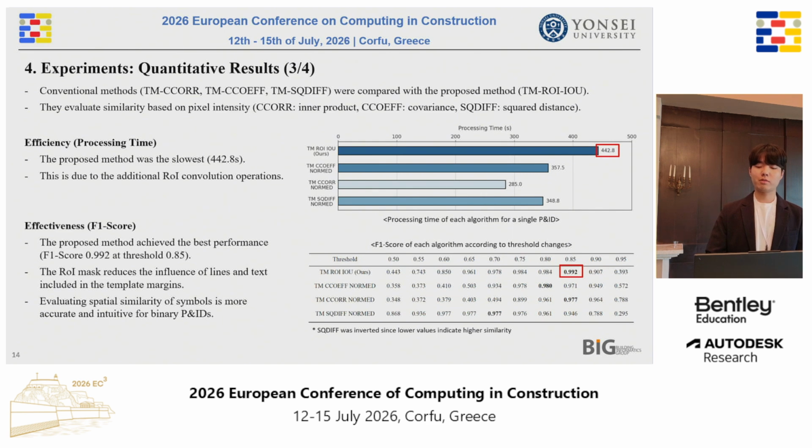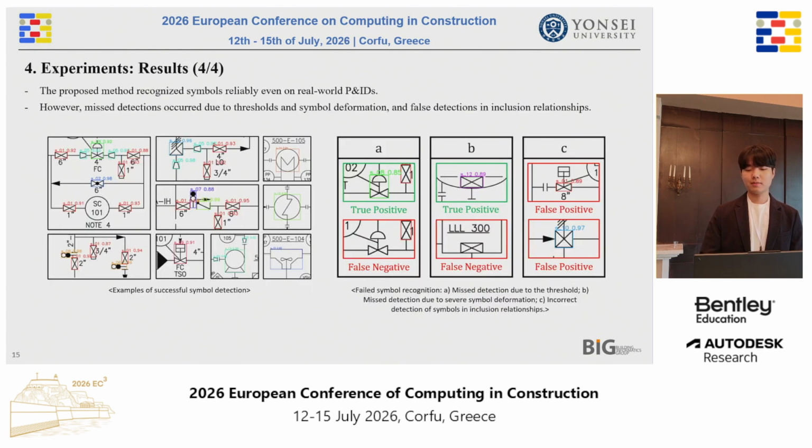But in the second experiment, our method achieved the best F1 score at the 0.85 threshold, outperforming all baselines. And there are 2 reasons. The ROI mask removed the influence of lines and text included in template margins, and evaluating spatial similarity rather than pixel intensity is more accurate for P&IDs.